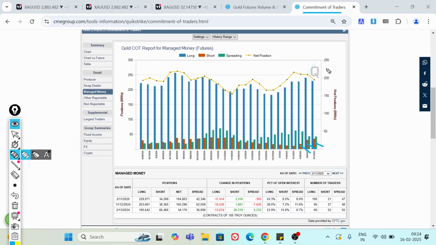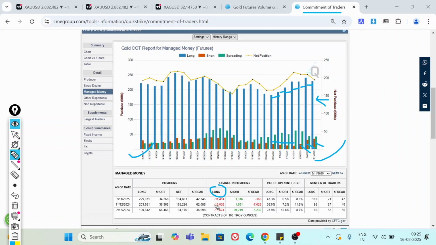You can see from this data, this is the 6-month COT report data. You can see they were continuously adding into the buy side. These blue bars are the long positions, and they were also decreasing their shorts. So overall the sentiment was bullish, but for this particular week you can see they started to book profit, with this long covering.